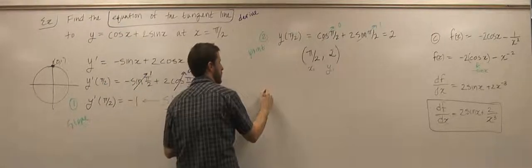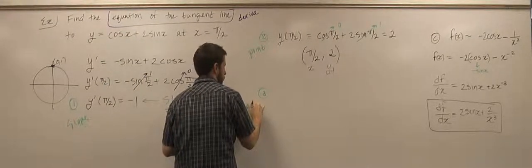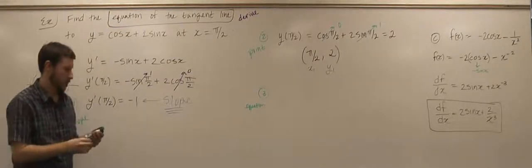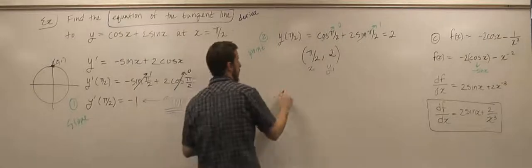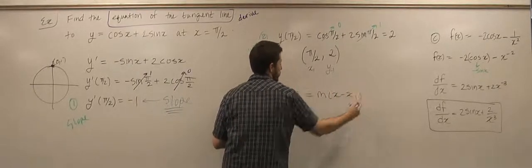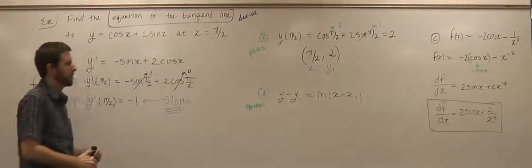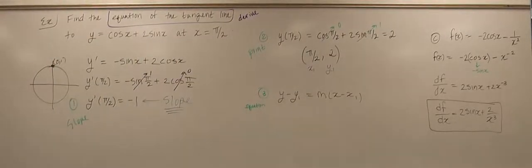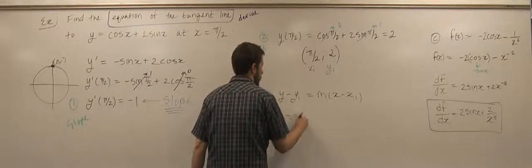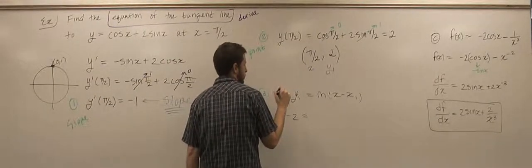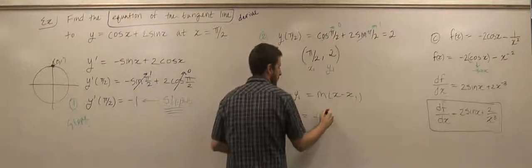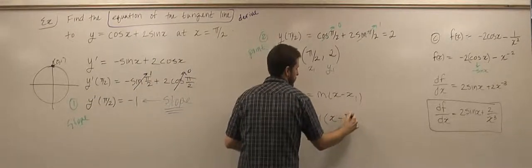Finally, I can go to my equation. Might as well use point-slope form: y minus y1 equals m times x minus x1. Plug in what you know. y minus 2 equals, going back to my slope, negative 1 times x minus pi over 2.